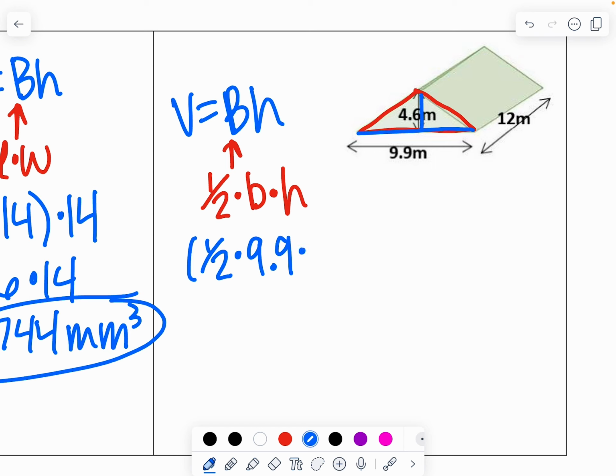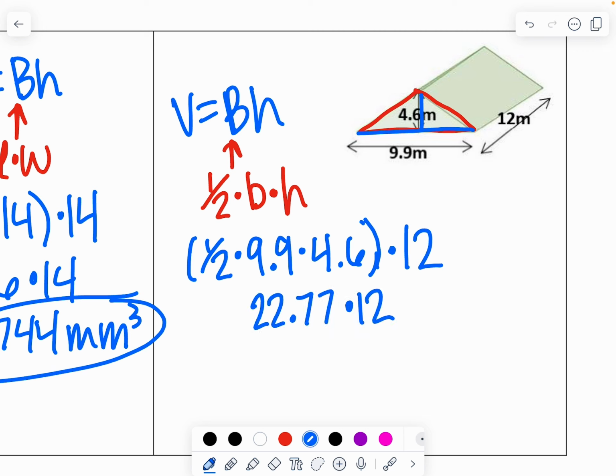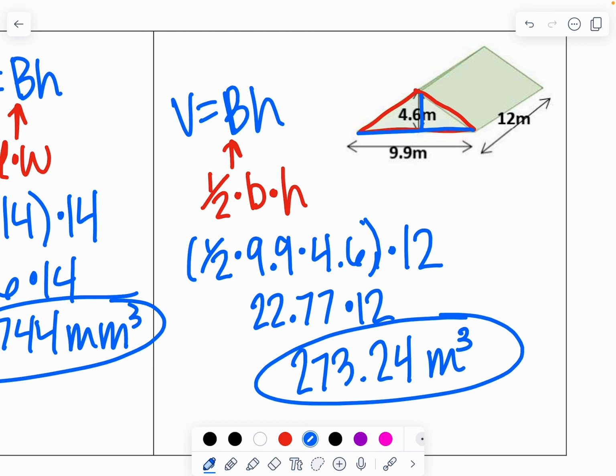And then my height is 4 6/10. So I'm going to do 1/2 times 9.9 times 4.6 in parentheses, and then we multiply that by our height, which is 12. So you can put that whole thing in your calculator to get your answer. But if we just did 1/2 times 9.9 times 4.6, we would get 22 77/100. And then when you multiply that by 12, you get 273 24/100 meters cubed. And that would be your final answer.